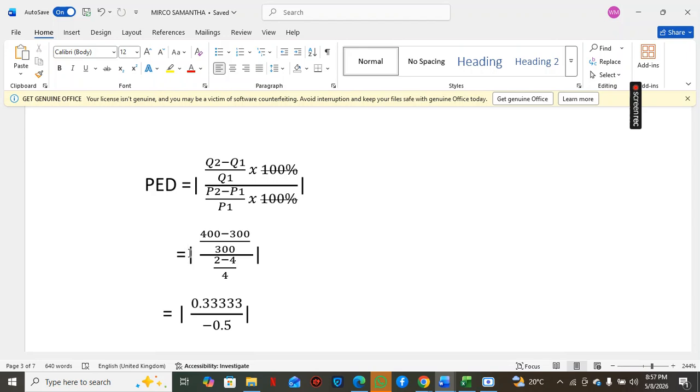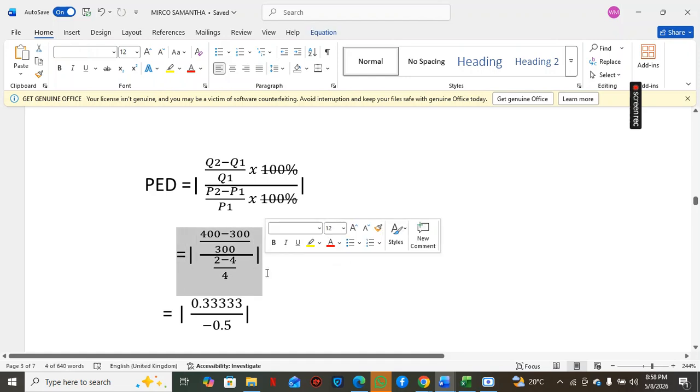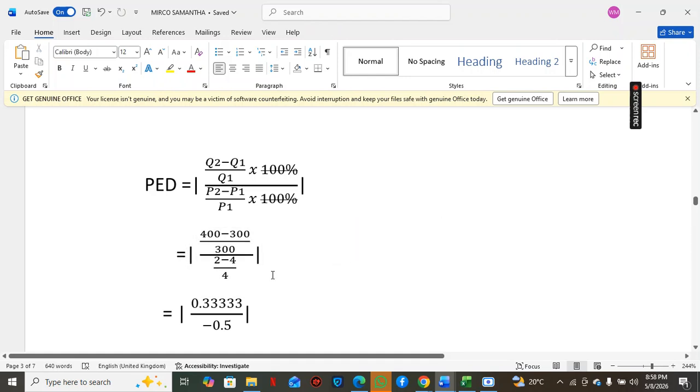Okay, colleagues. Yes. Due to the law of demand, when tabulating this price elasticity of demand, you always get negative values. So that's why we are incorporating the absolute value. When you say absolute value, it just means ignore the negative sign so that you can interpret whether demand is elastic or inelastic.